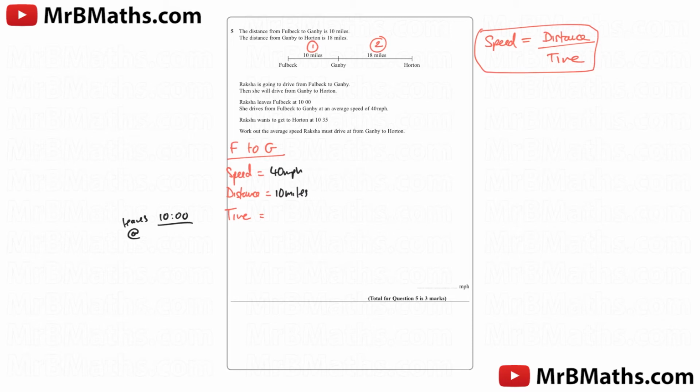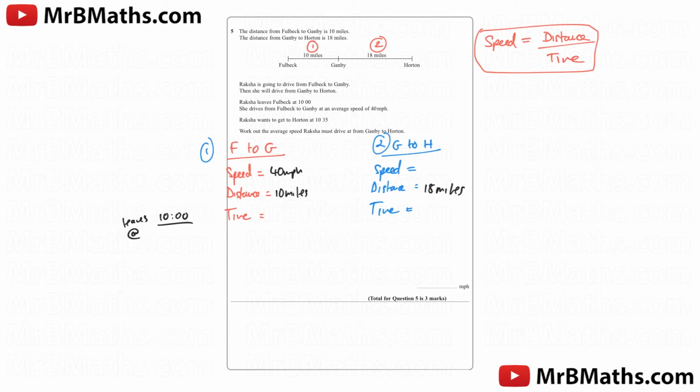Then if we look at the next segment, so 1 and 2, then we've got G to H, speed, distance, and time. What do we have? We've got a distance of 18 miles.